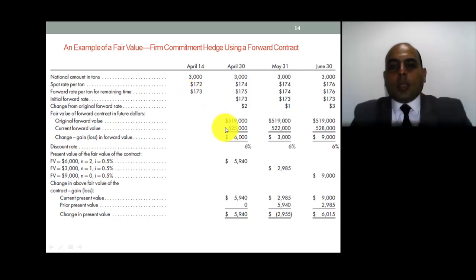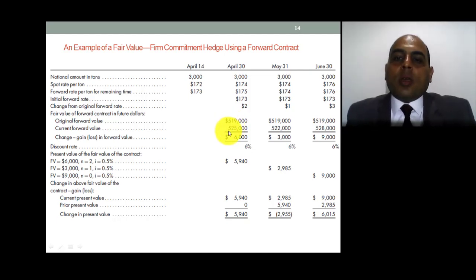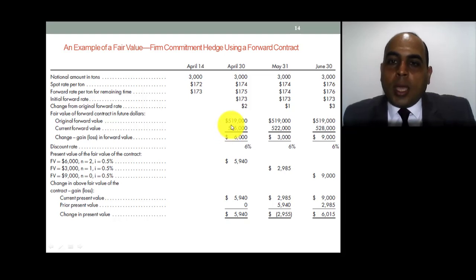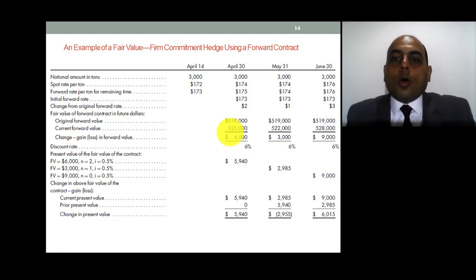Here we have entered into a contract to pay 519, where the value of this contract on the date of preparing the report is 525. So the amount that we will pay is less than the value of this contract. So here we are talking about the difference of 6,000 as a gain.